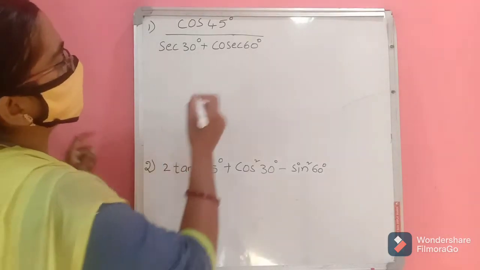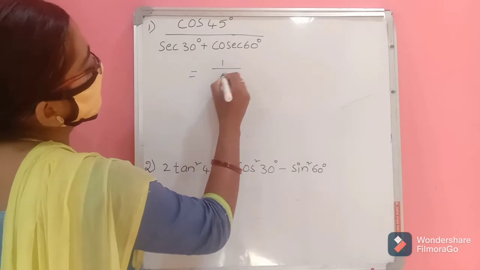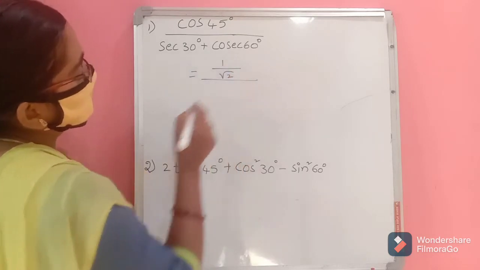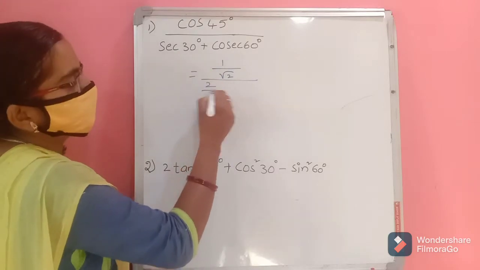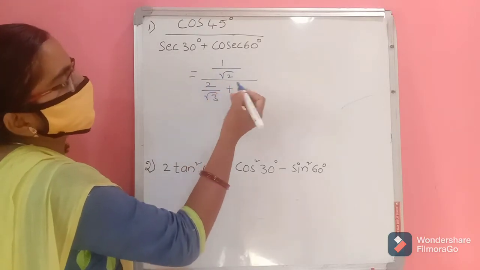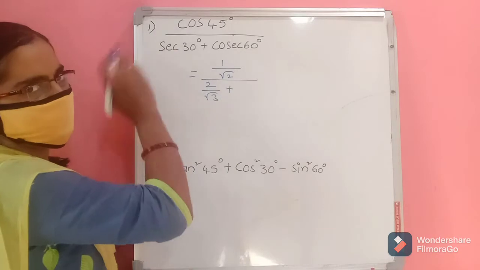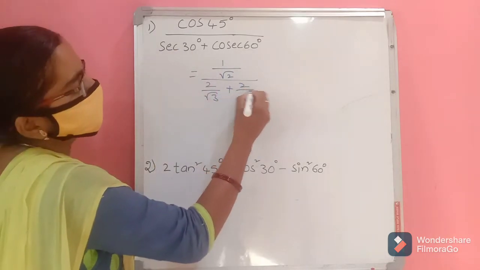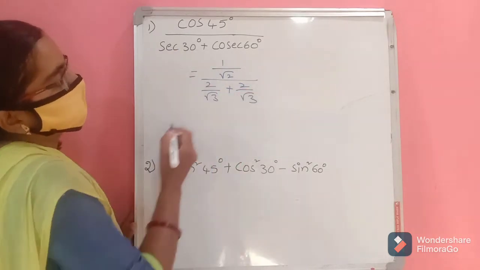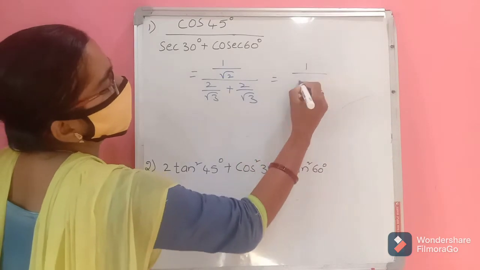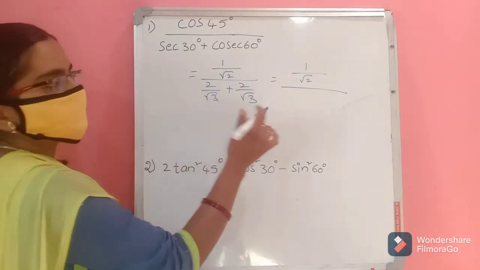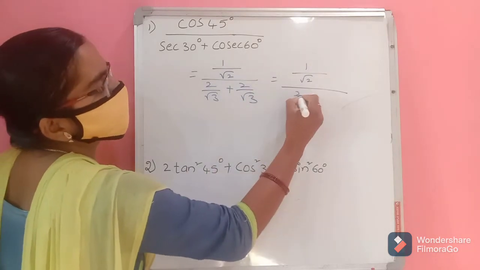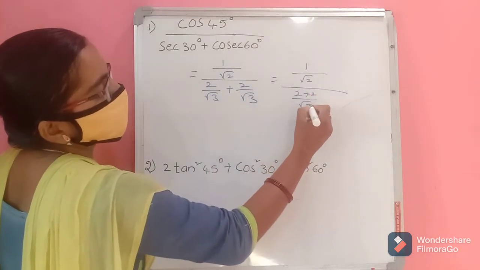So, cos 45 value is 1 by root 2, by sec 30 which is 2 by root 3, plus cosec 60. Sec 30 and cosec 60 are both the same, 2 by root 3. So 1 by root 2 by, when denominators are same directly we can add numerators, 2 plus 2 by root 3.